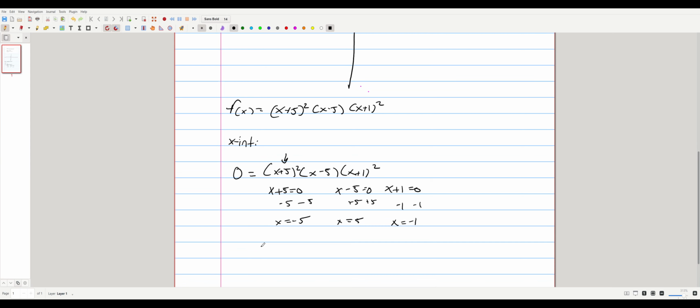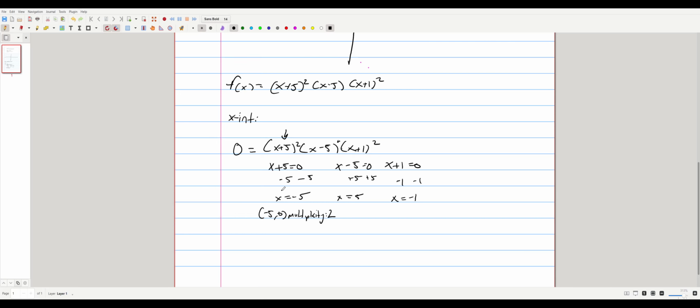So this x-intercept, -5, 0, has multiplicity 2, because there's 2 of them, right? It's -5 and -5 again.